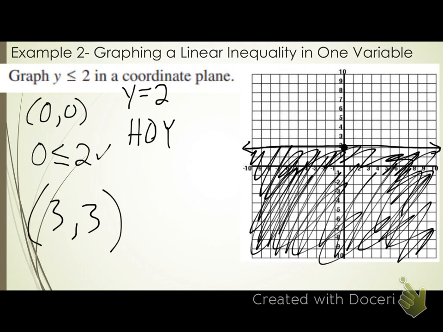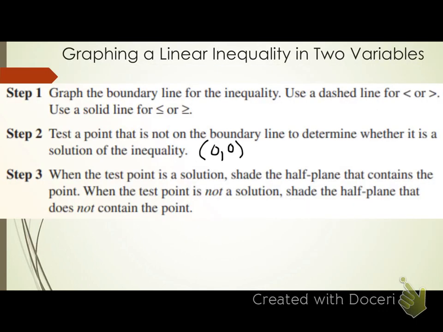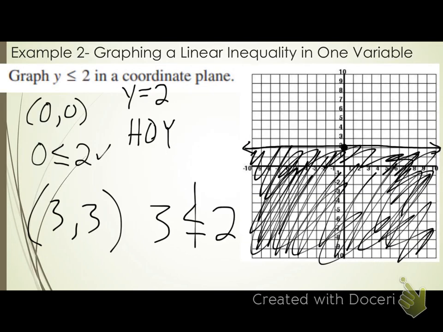I'd plug 3 in for y, nothing in for x, right? 3 is less than or equal to 2. Is that true or false? False. If you plug in a test point and it's not a solution, shade the half plane that does not contain the point. So we still would have been shading this side because I'd be shading the half region that does not contain 3, 3. Does that make sense? Any questions about that?